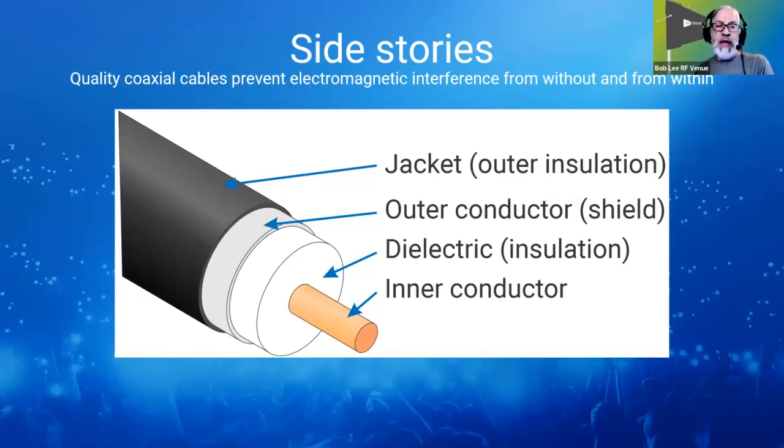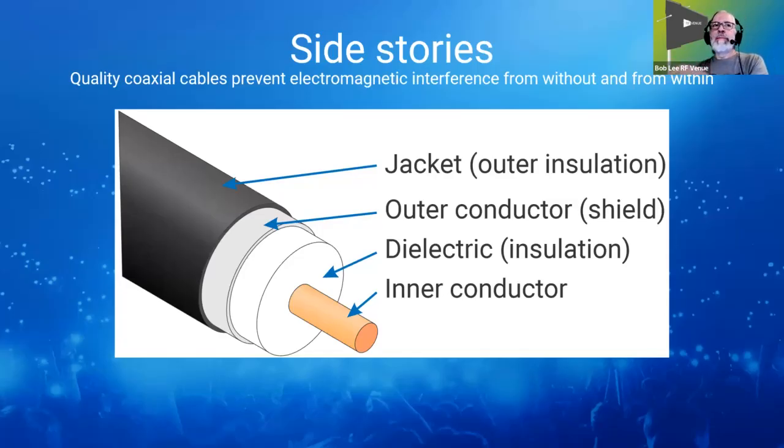So the construction of the outer conductor or shield is important because it has to surround the inner conductor completely. It has to completely encircle, no gaps or anything, and it also has to have low resistance. Now, foil shielding gives you complete encirclement of that inner conductor, but it has high resistance.